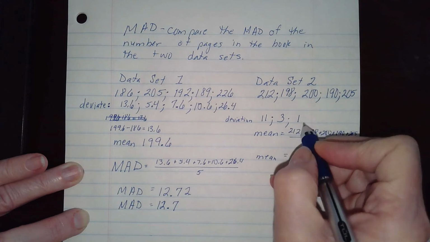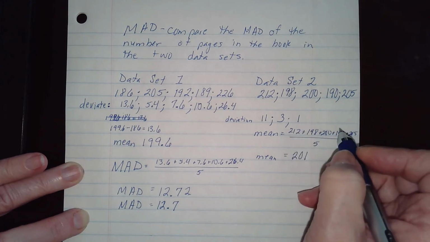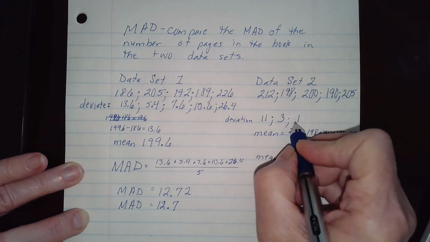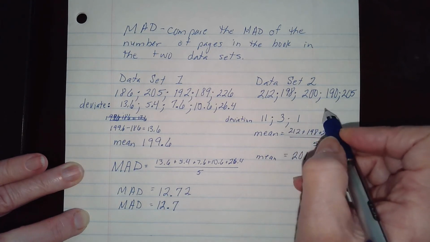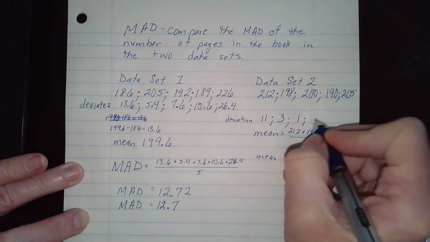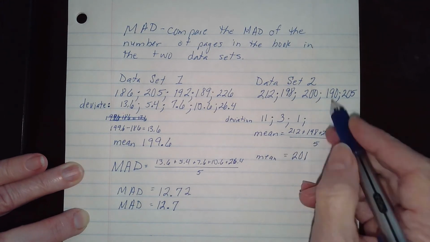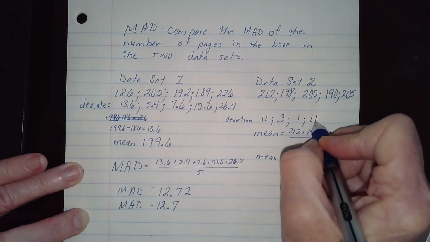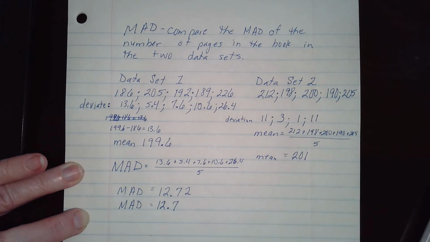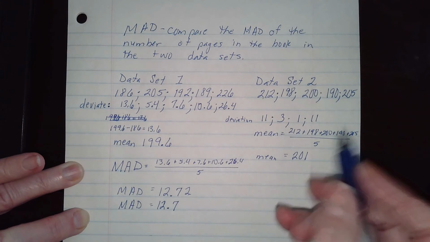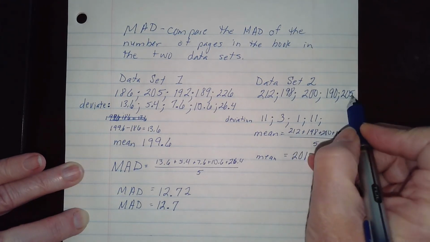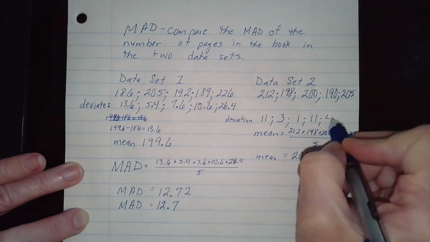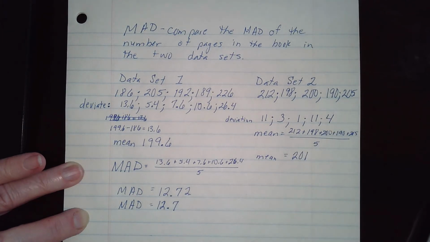And notice it doesn't matter if it's a positive or negative. It's just going to be the absolute value. I don't care which direction. I'm showing it slightly differently than you would have seen it last Thursday. 201 minus 190 is 11. I'm checking all of the numbers because we all know I've been known to make a mistake or two in my life. 205 minus 201 is a deviation of 4.